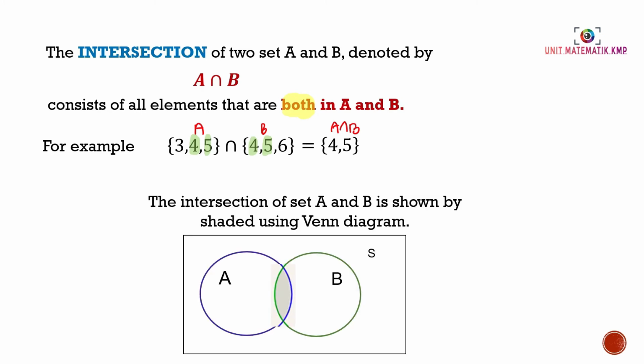In a Venn diagram, the intersection for A intersect B is only the region in the middle. This is the intersection of sets A and B.